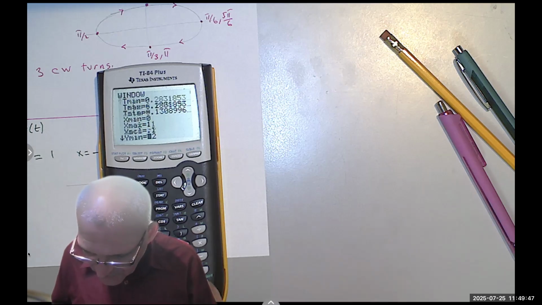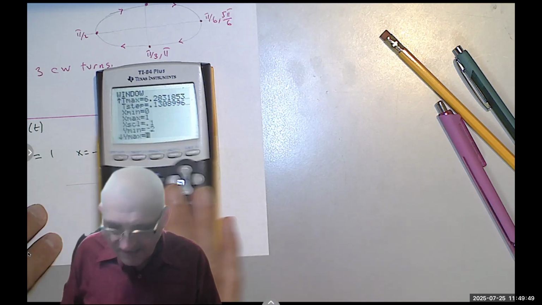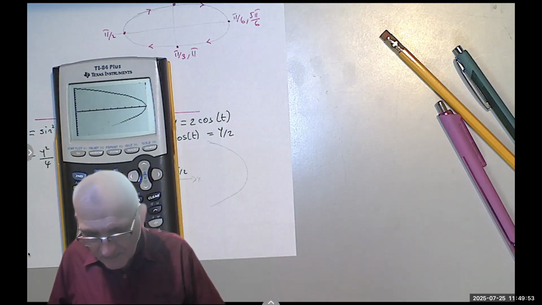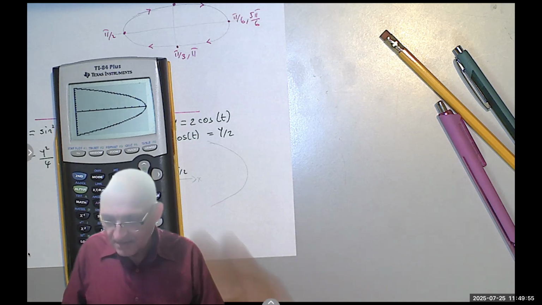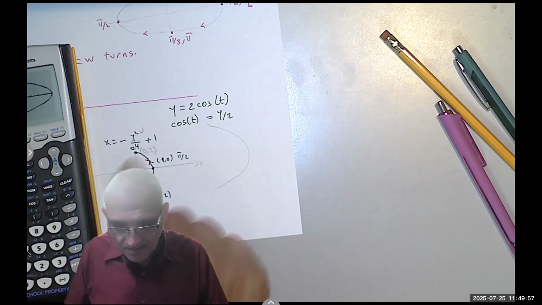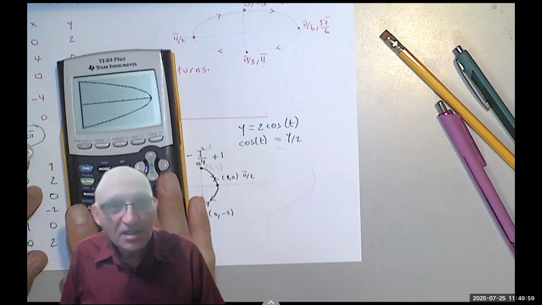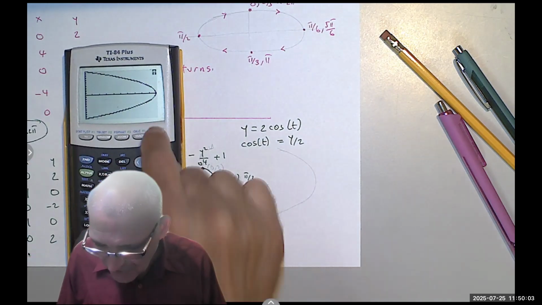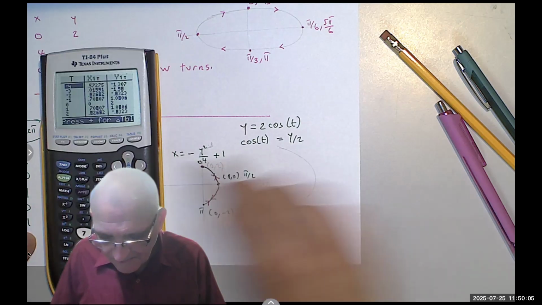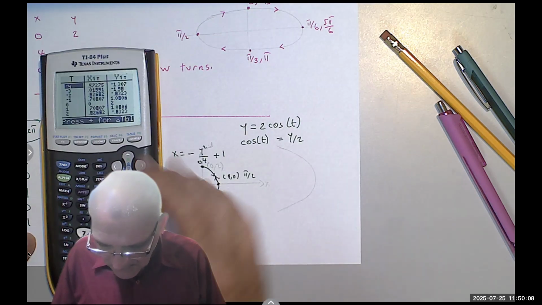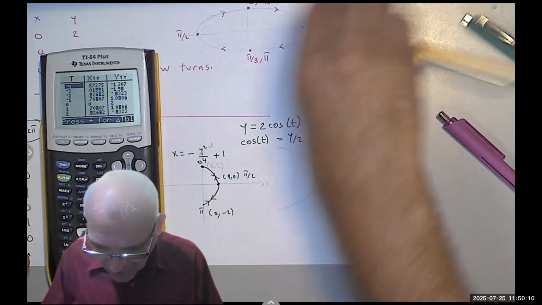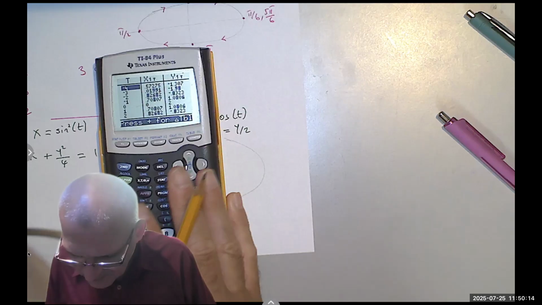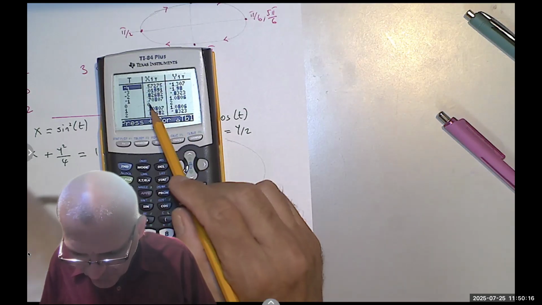And this is negative 2 and 2, so I will leave that. That's the plot, but it doesn't show you how the particle is moving. But if you go to the table, notice we started at 0 and 2.